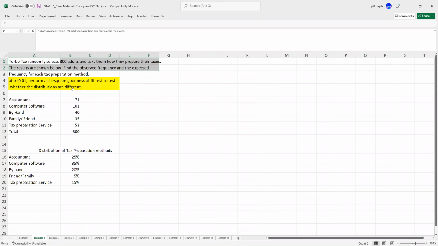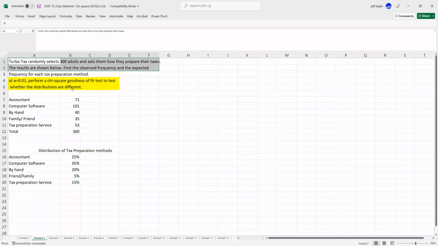It's the same question. The only thing is that in the first part, I only showed you how to find your expected distribution, to tell the difference between what is expected and what is observed. Now that we know the difference between the two, we can try to see if the difference is wide enough for us to say that these two are different, or if the difference is not wide enough for us to do that.